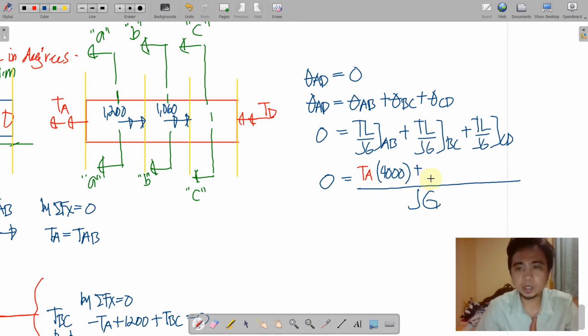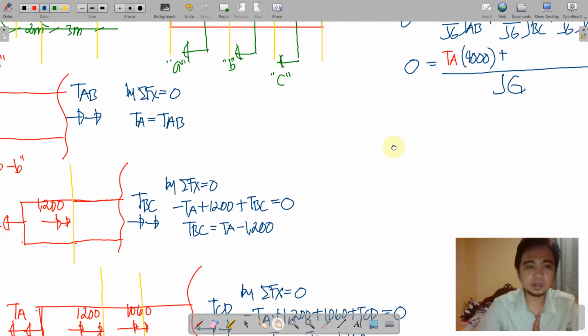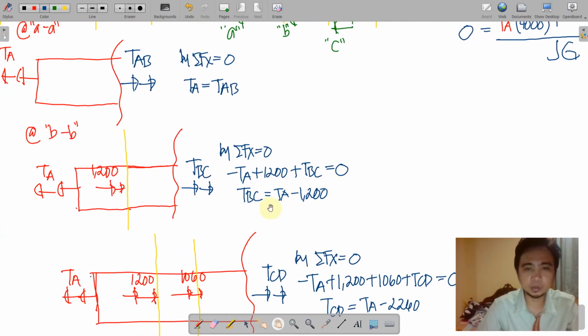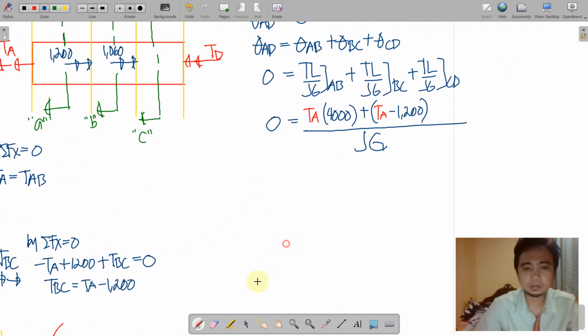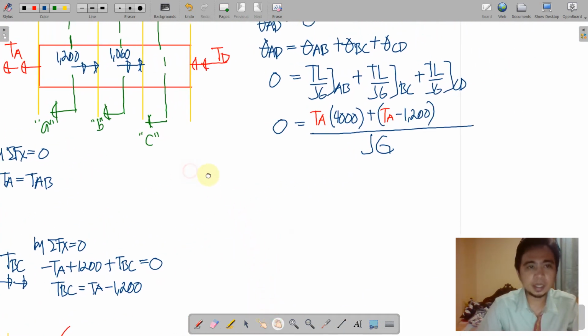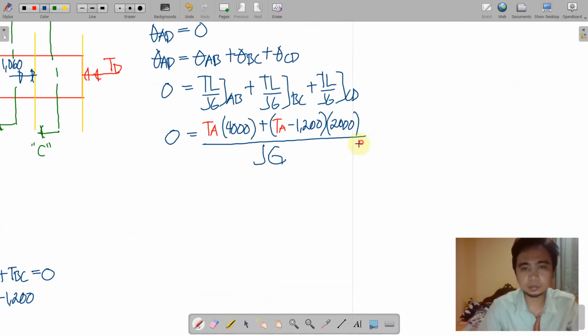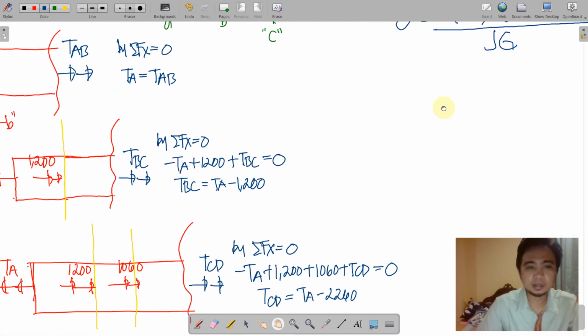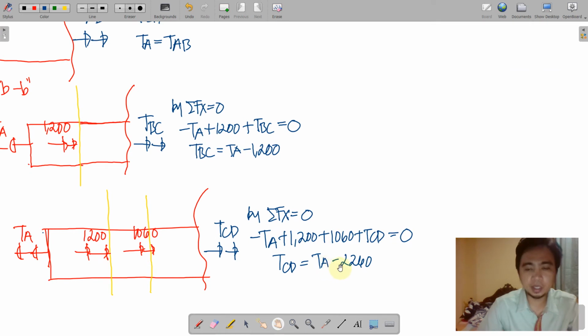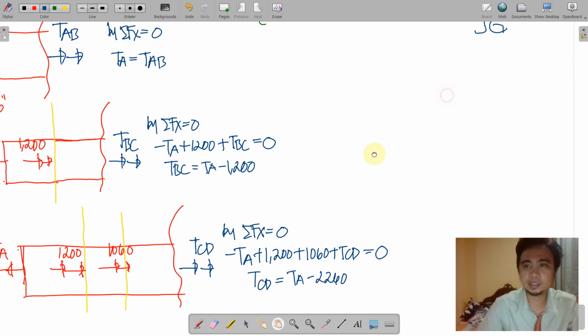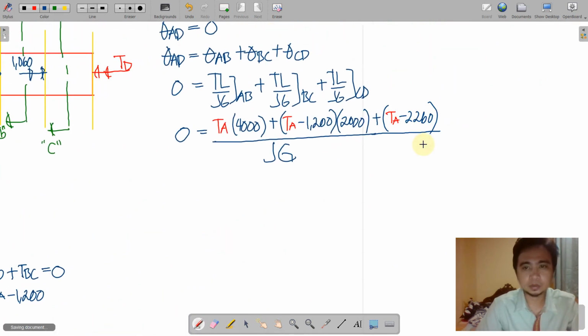We continue to write the torque at BC. And the torque at BC is this one, TA minus 1200. And then the length of BC is this one. We have 2 meters. Plus the torque along CD. So we have here TA minus 2260. Okay.